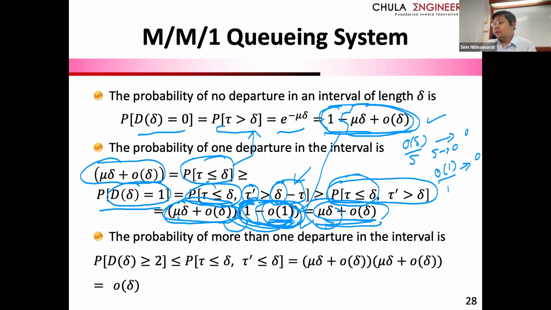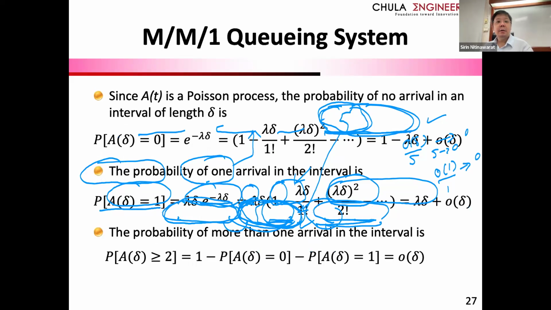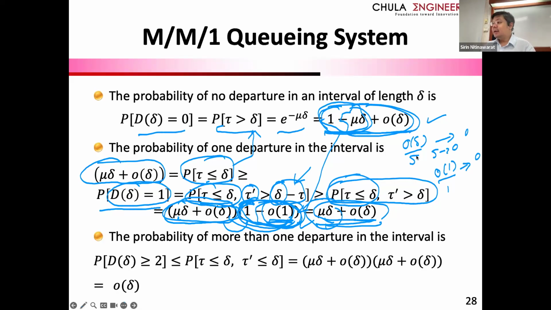So you see a similar behavior with the arrival process. No action is very close to 1 less a linear term with parameter mu now instead of lambda, right? Because earlier it was 1 minus lambda delta, and now this is 1 minus mu delta.